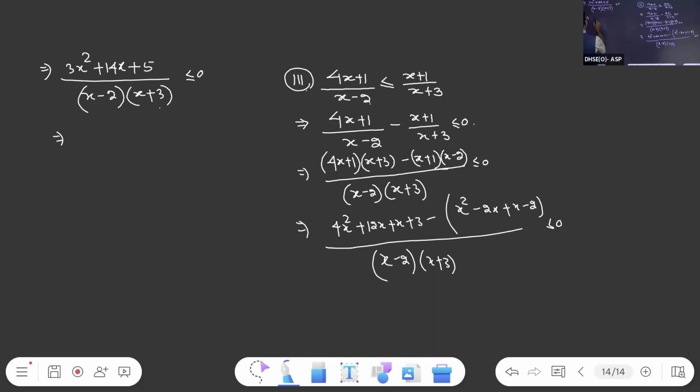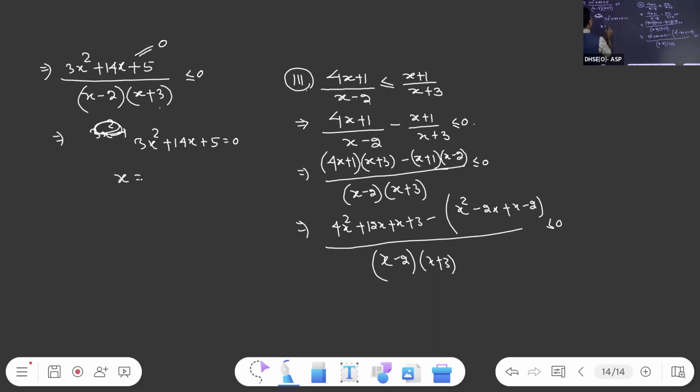So this implies 3x square plus 14x plus 5. So better to find the root. So this is equal to 0. 3x square plus 14x plus 5 is equal to 0.